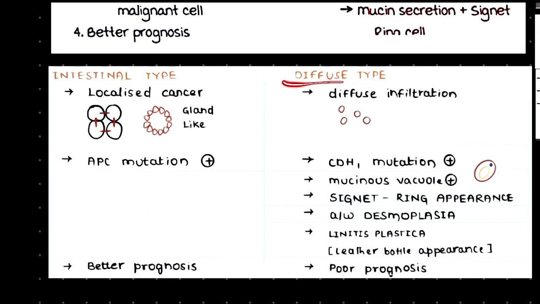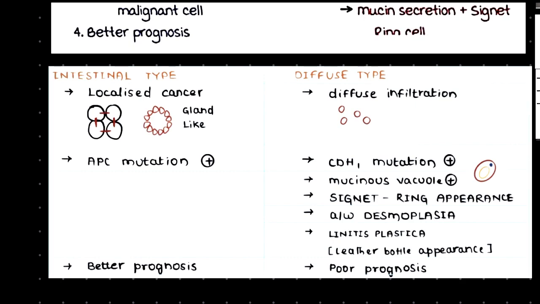Now talking about the diffuse type, here in the intestinal type, what we are saying is that these are localized, right? They just had gland-like appearance, they were localized in one place. But in the case of the diffuse type, they are not adhered with one another, right?